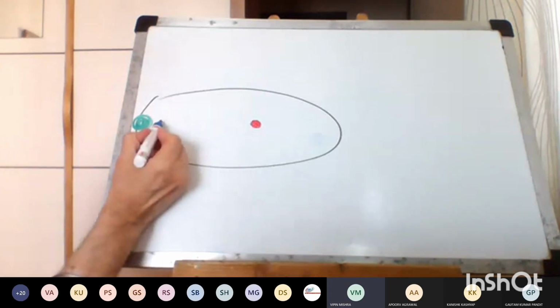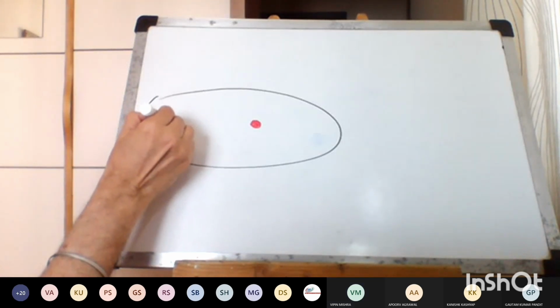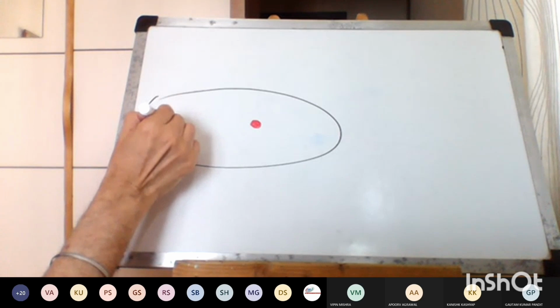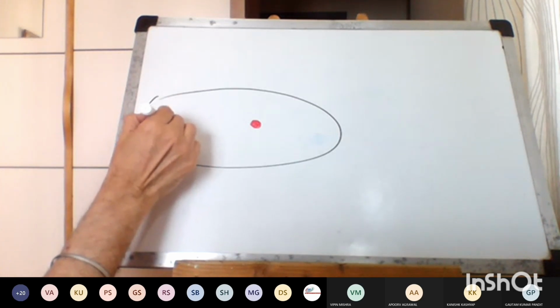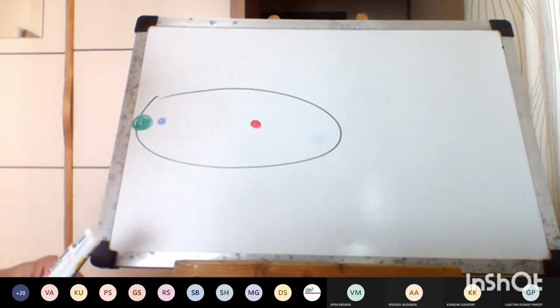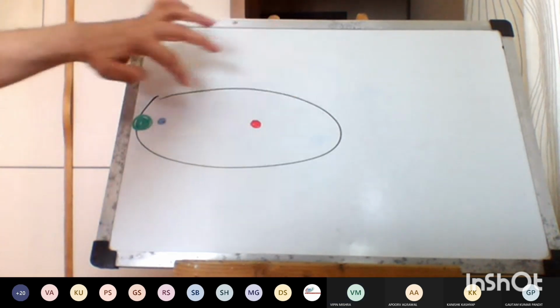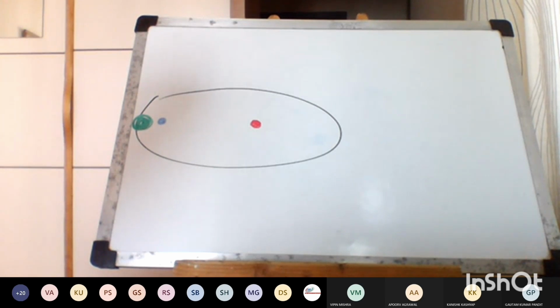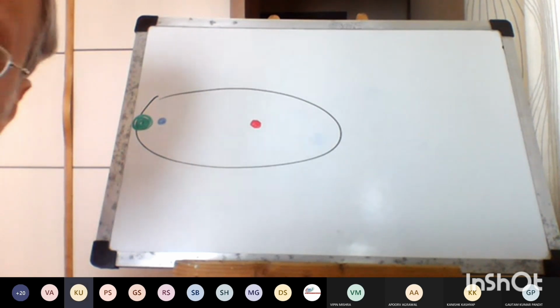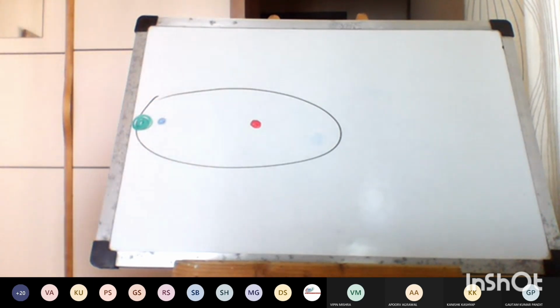And this is the moon. Can you all see the three bodies, sun, moon, and earth? Is it visible? Yes, they are all in one line. Is it visible? Yes, sir. Okay.